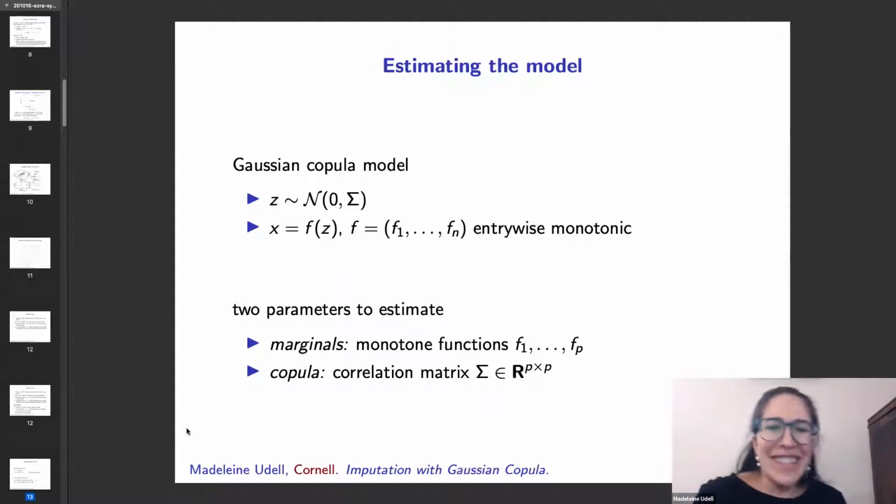Okay, so back to the Gaussian copula model. What do we have, right? We've got a latent vector Z that's normal 0, Sigma, where Sigma is the correlation. And Z maps to X via these entry-wise monotonic functions that I'm calling the marginals. So I've got two parameters to estimate.